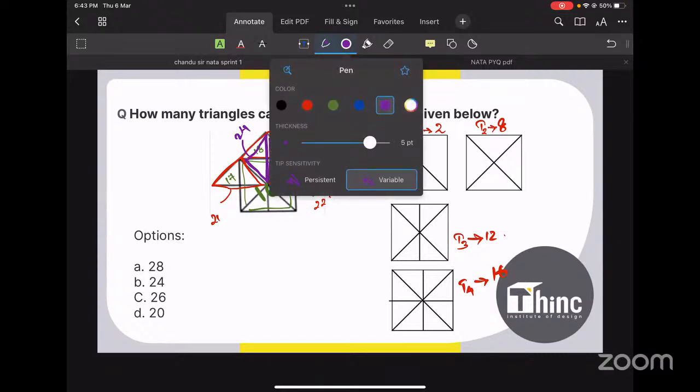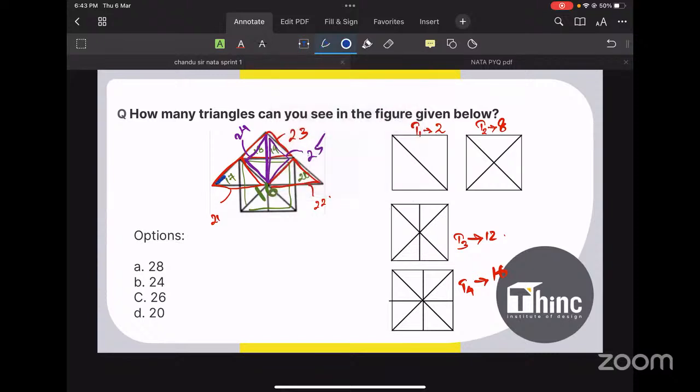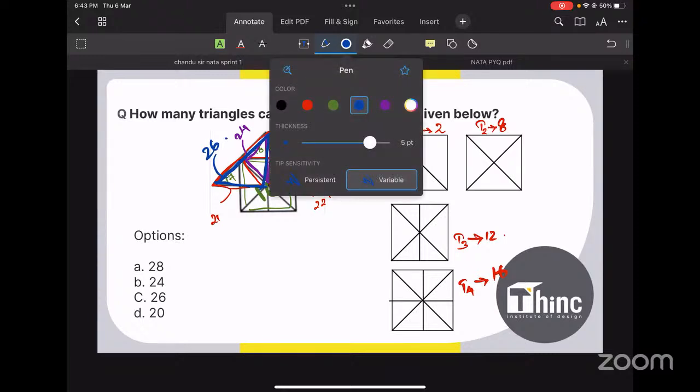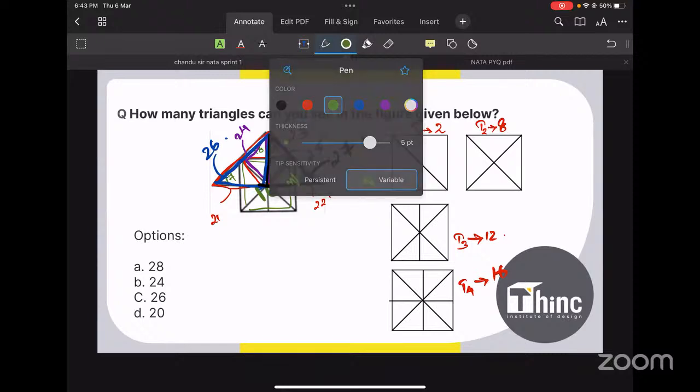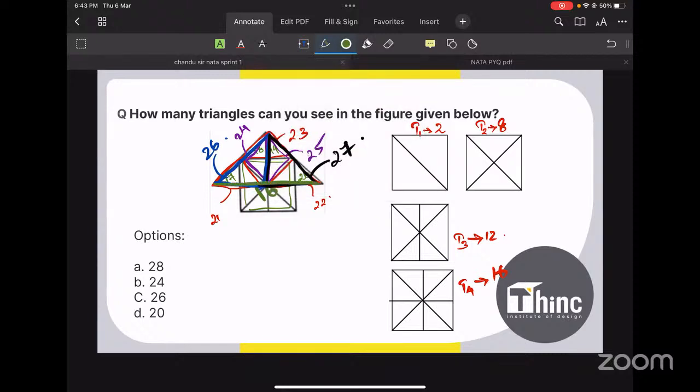So next, 26. 27. Finally, this is 28. So the right answer is 28. Okay. So we can move on to the next question.